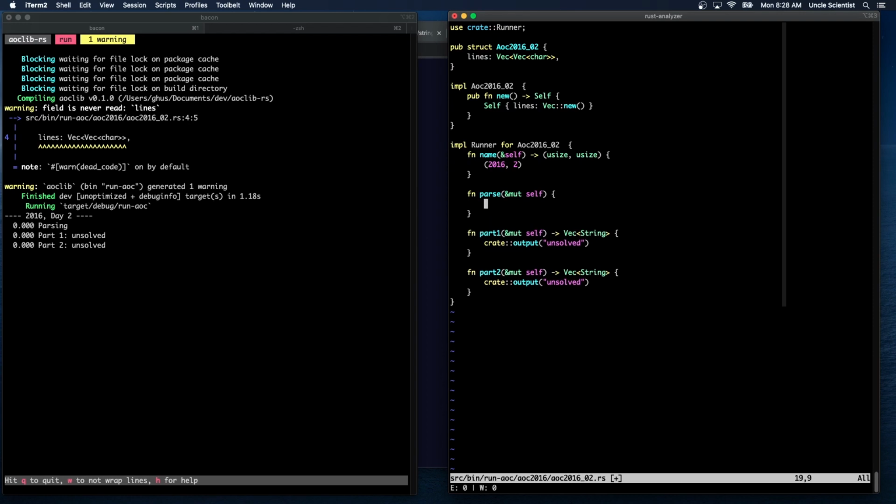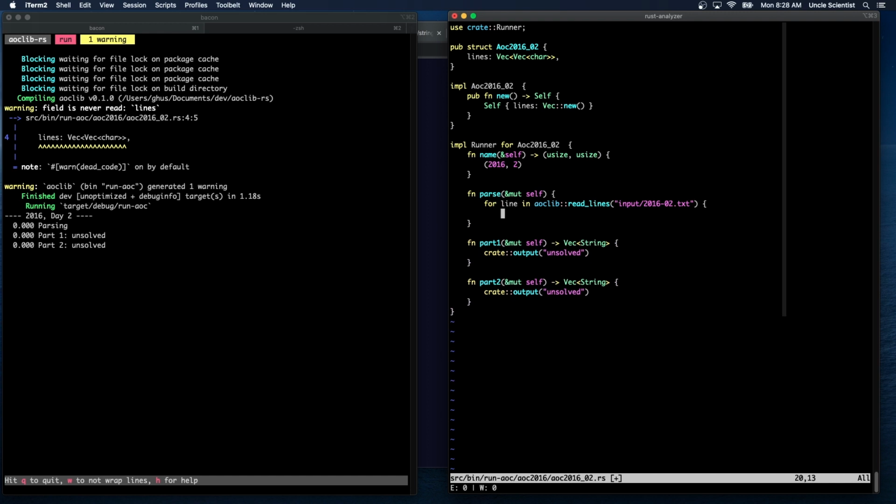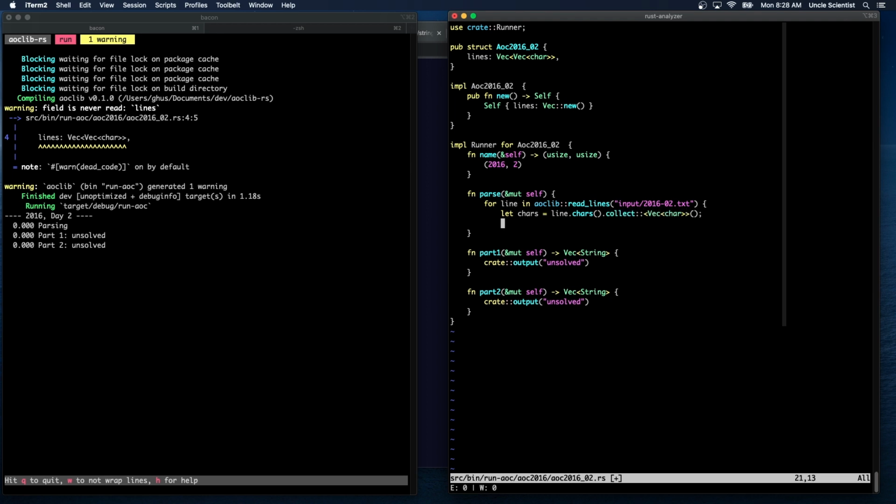And then here we just say for line in aoc lib read lines input 2016 02 dot txt, and then for each line we'll just say let chars equals line dot chars dot collect into a vector of char and say self lines push chars.